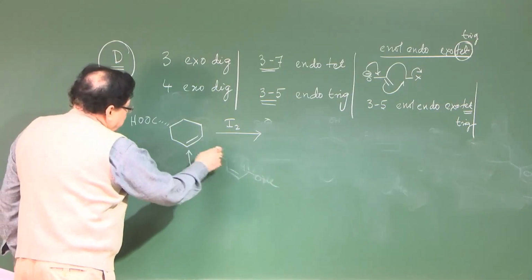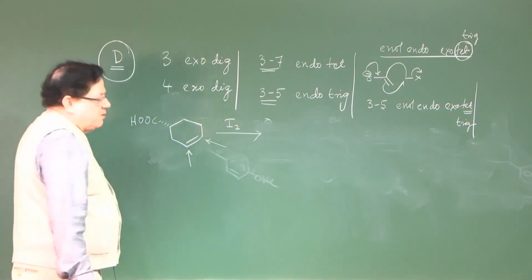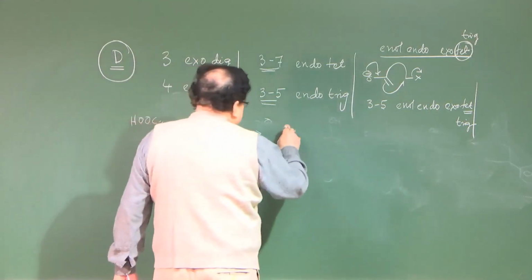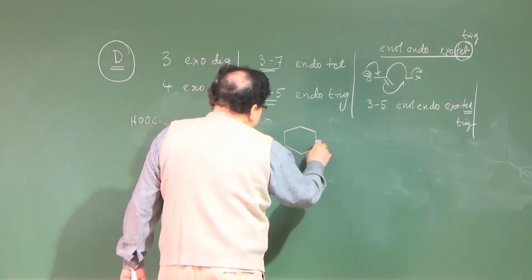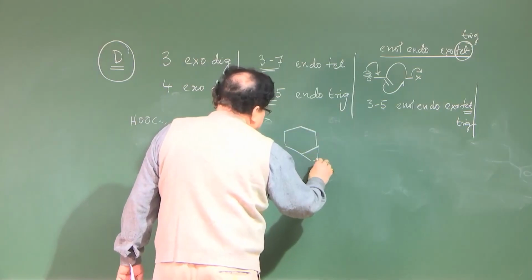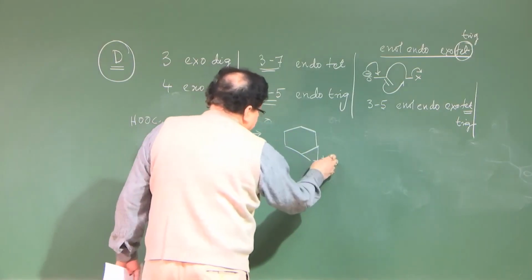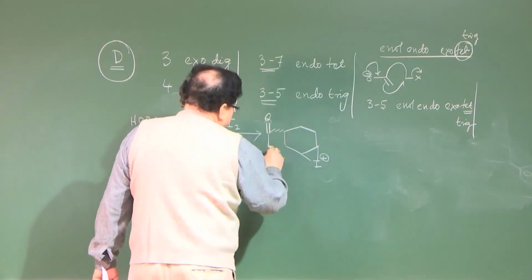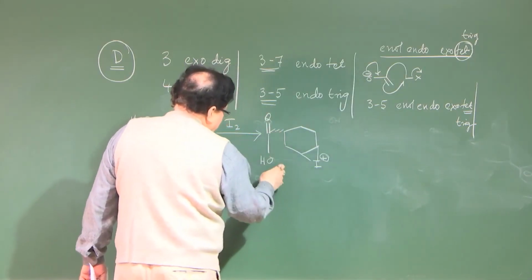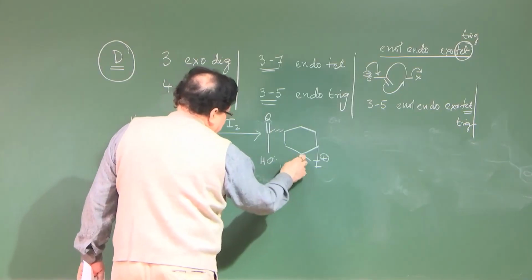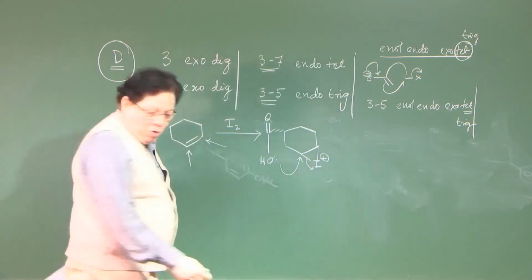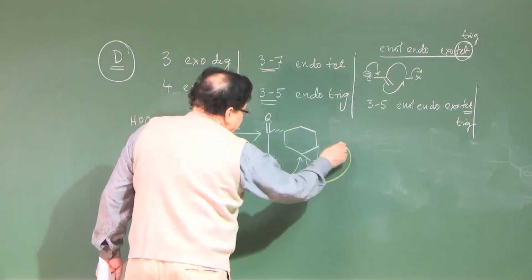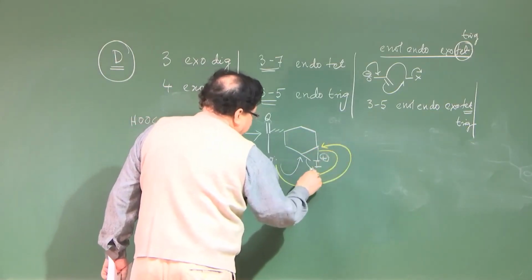Now, there are 2 possible positions of attack by the carboxy. The mechanism is that it forms an iodonium ion and then the COOH either attacks at this position or it can attack this carbon and opens up that one.